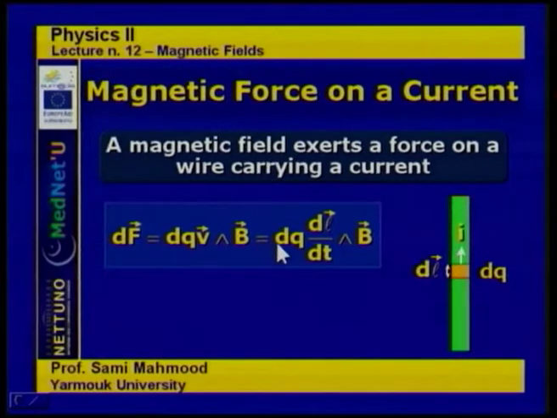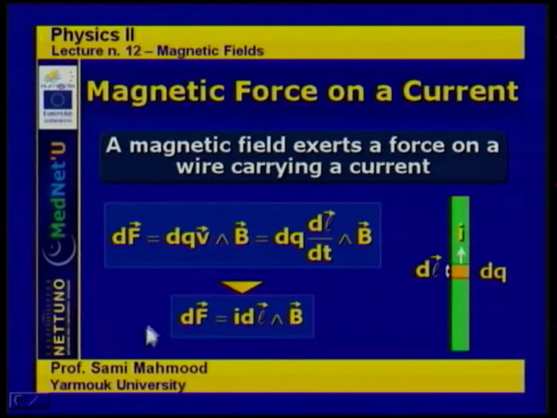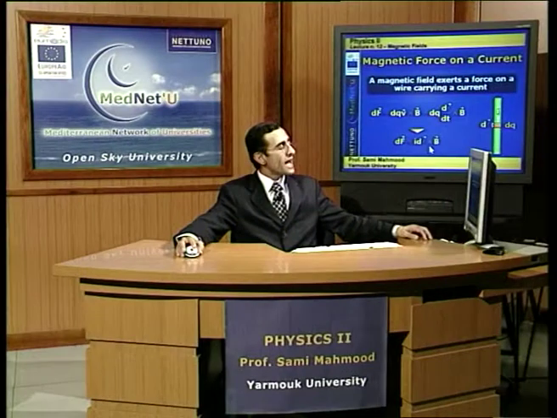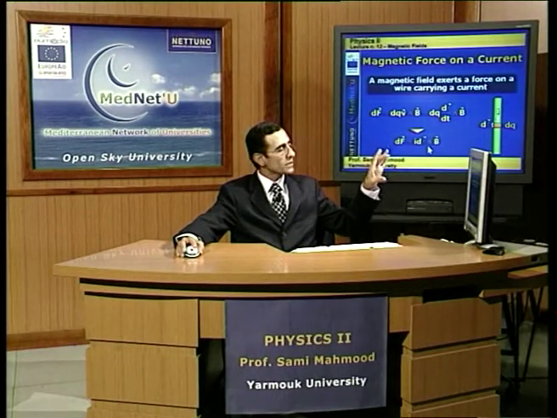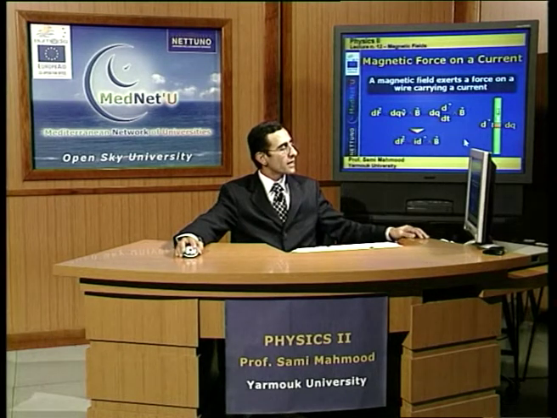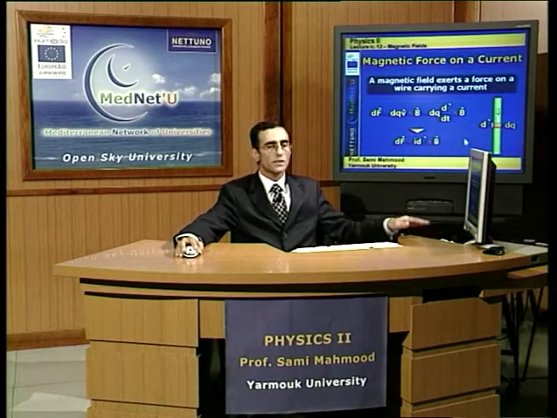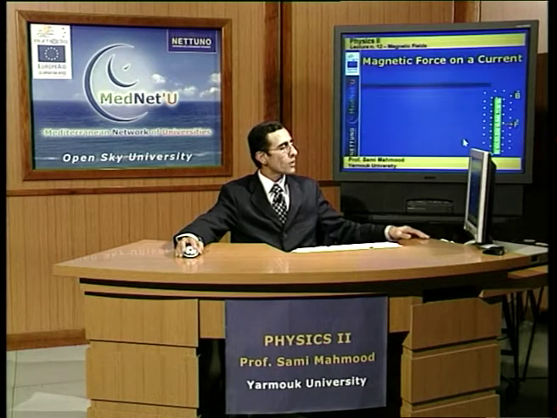That is simply equal to dq times dl over dt, since the drift velocity is dl by dt, cross B, the magnetic induction. That is equal to dF, the magnetic force on the element of length, equals I dl cross B, since dq by dt is simply I. To evaluate the total force exerted on the whole conductor, we have to integrate over this quantity.